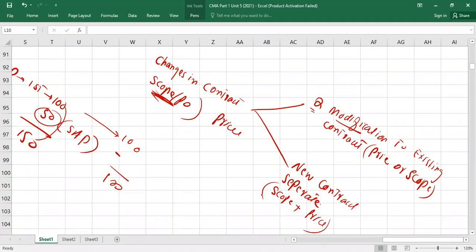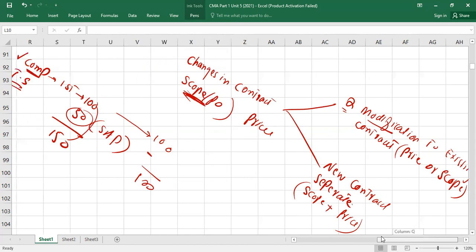This point will be tested only theoretically. Understood? The modification is a modification to the existing contract if one thing changes, price or scope. If price and scope both are going to change, we will say it is a new contract. It is a separate contract. Understood?